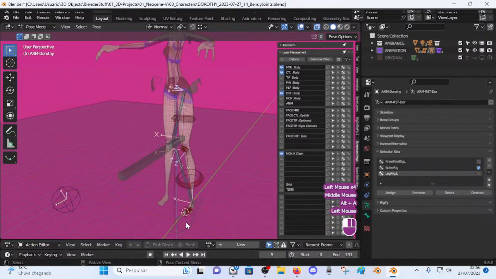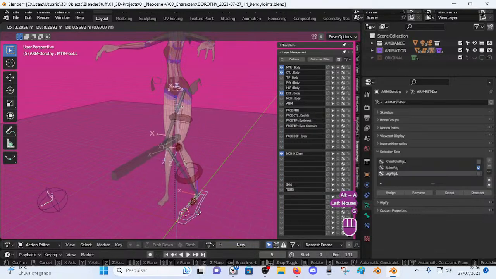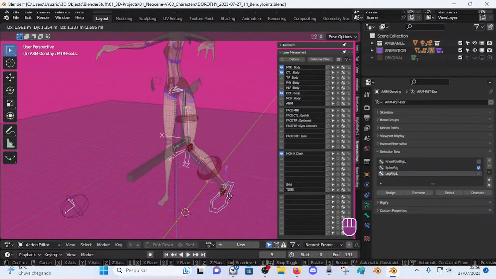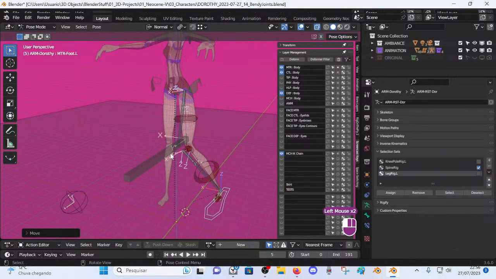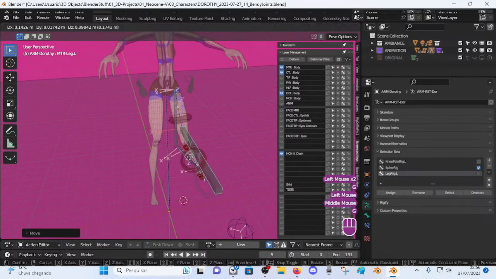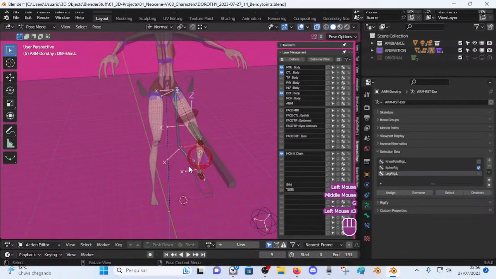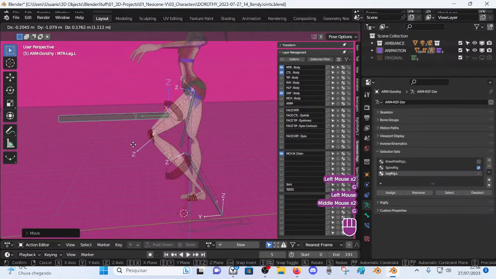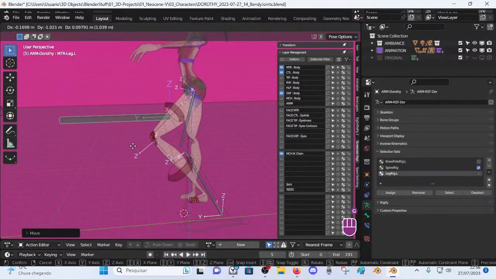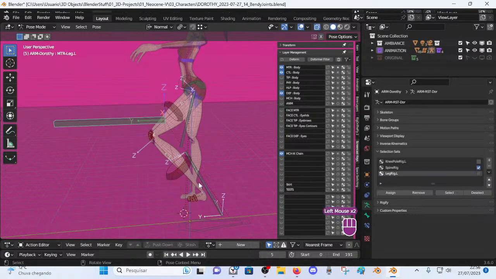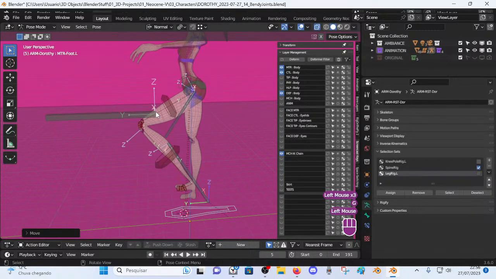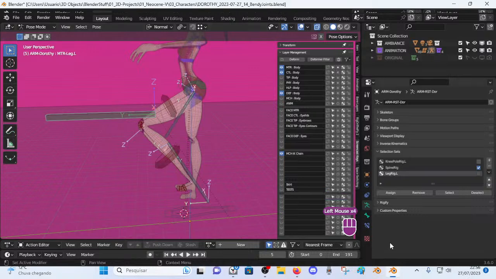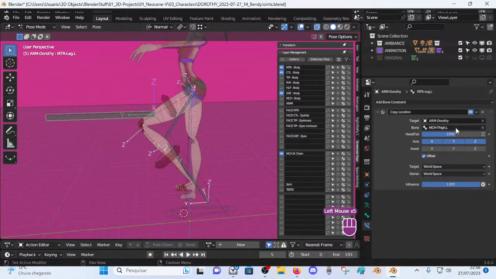Okay, let's continue. I don't know why this is happening there. It started to happen after I added these things, this chain. Oh, actually even this tracking is wrong. It is the MCH thigh. Wait.